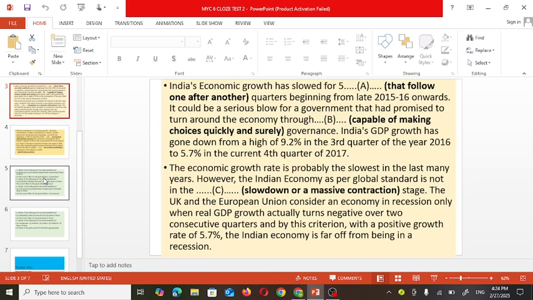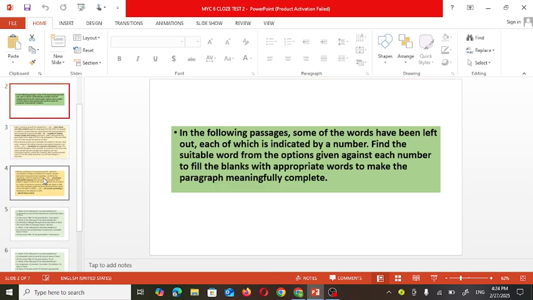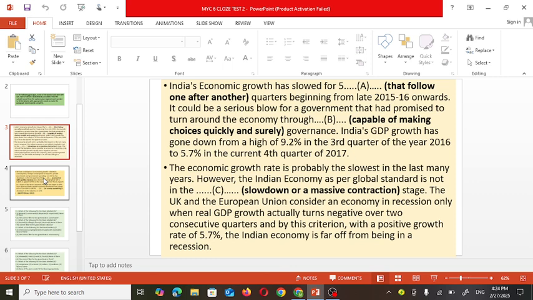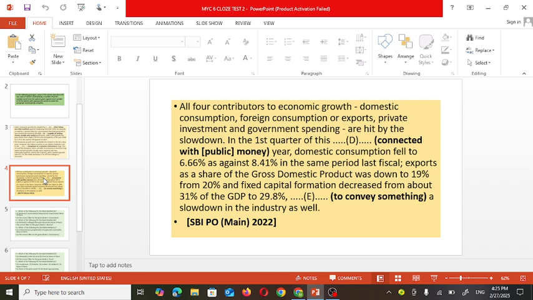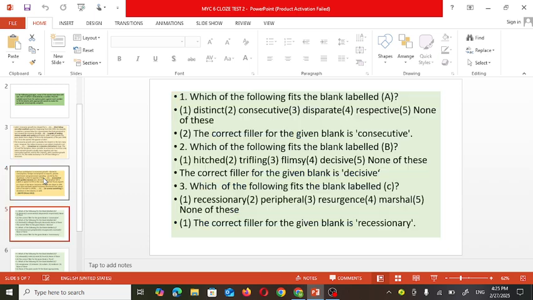Now you will see that only five blanks are given in the paragraph, A, B, C, D, E. For every blank they have given five options to you, so from those you are required to find the correct option.